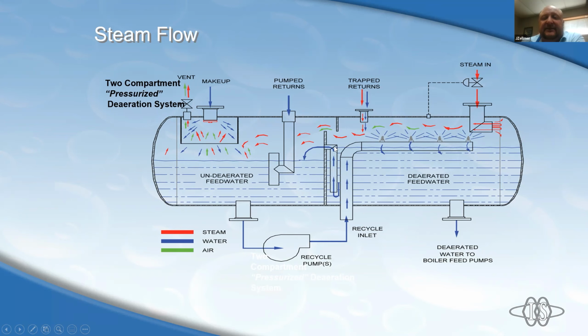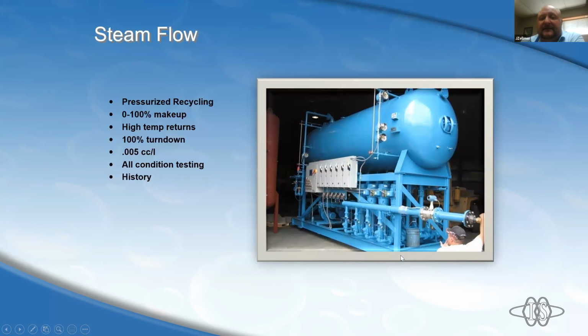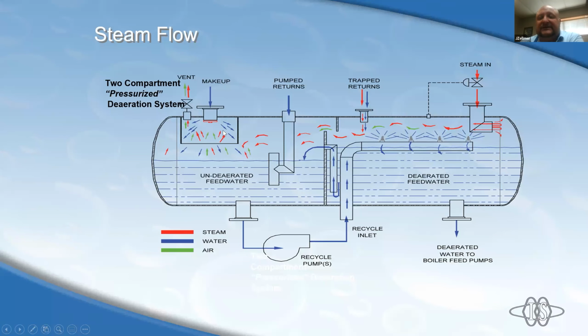As it gets to that baffle level, it will spill back over, and then we start the whole process over again. One thing that makes it nice with these units is that we are always consistently recycling the water, whether you have 100% makeup, 100% condensate return, 100% load going out, or 100% load not going out. As long as there's steam on this unit, it will always maintain the temperature needed.